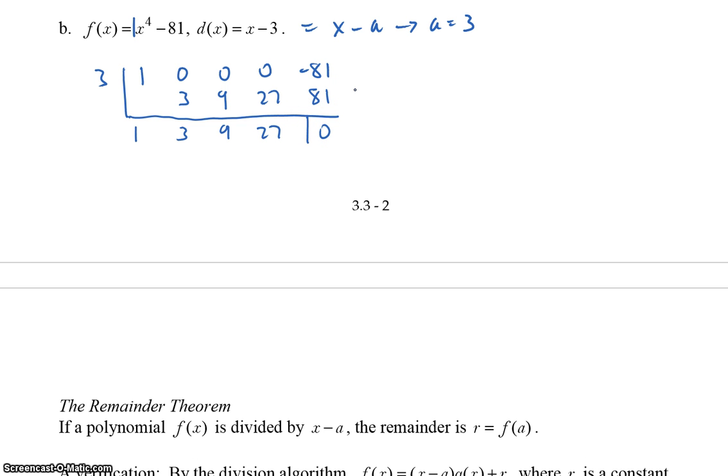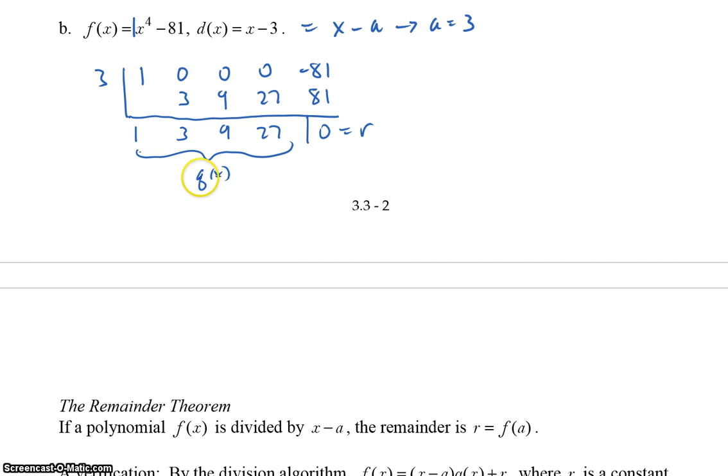Okay, so to interpret our result, the 0 is the remainder, which is constant. Here we have a remainder of 0, which means that the divisor here is actually going to be a factor of f of x. And then our quotient comes from the four other numbers in the bottom row.